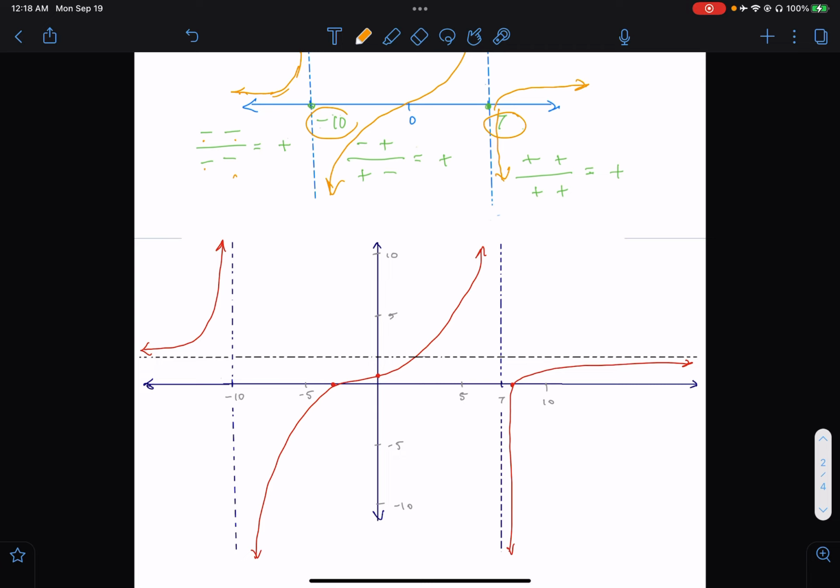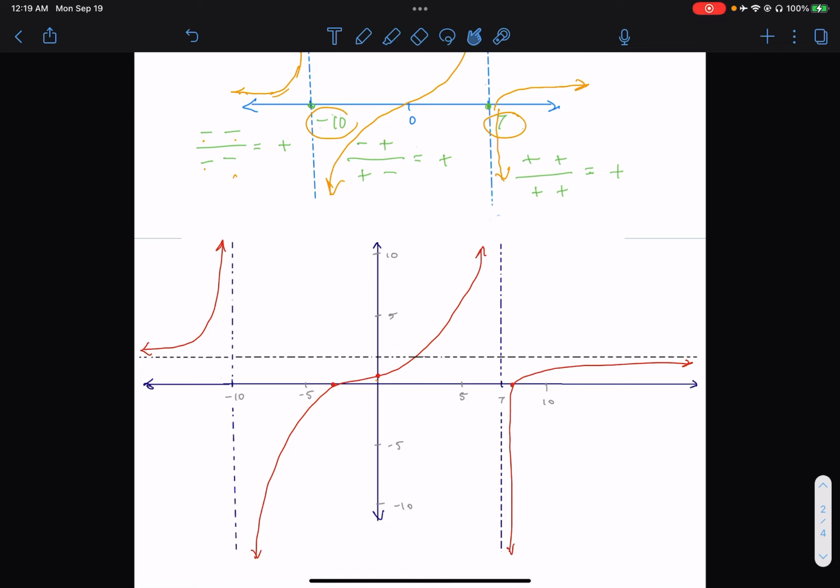And you can see that this graph indicates the same behavior that you'll see on the number line. And it's just a little more accurate. So you'll see that my vertical asymptotes are in place. My horizontal asymptote is also in place, which is 0.69. You'll see it graphed right there.